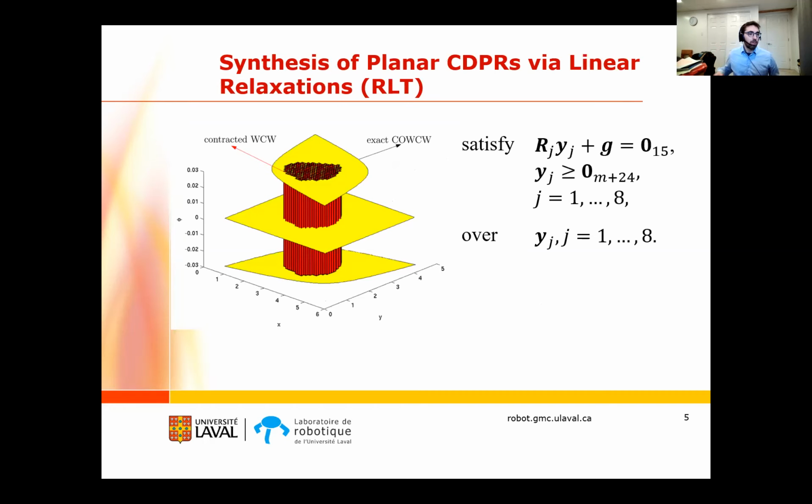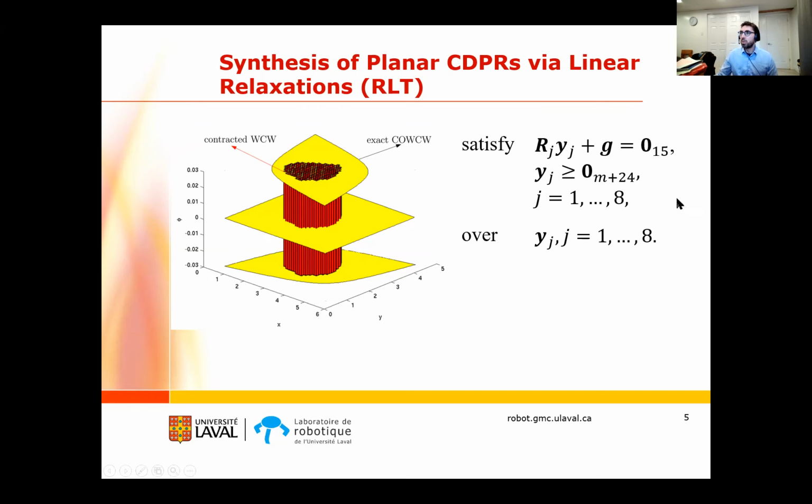So graphically, this is for a planar cable robot: you have your X, Y axes, and the other axis, which is the orientation of the end effector. If you verify this condition for all these boxes and keep only those which satisfy it, you're going to get a subset of the workspace, basically. You're going to underestimate the workspace.